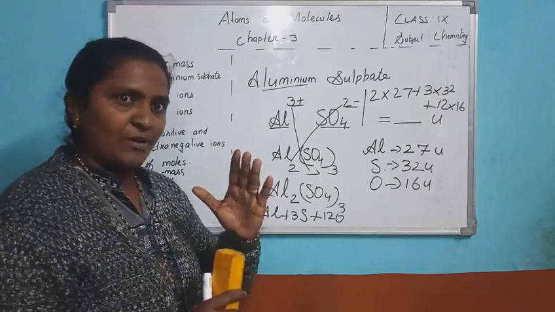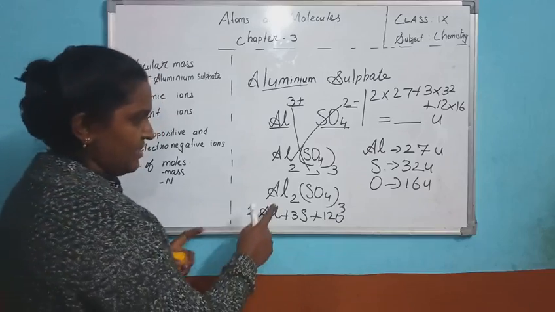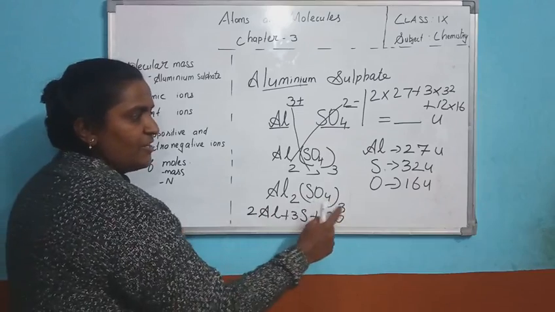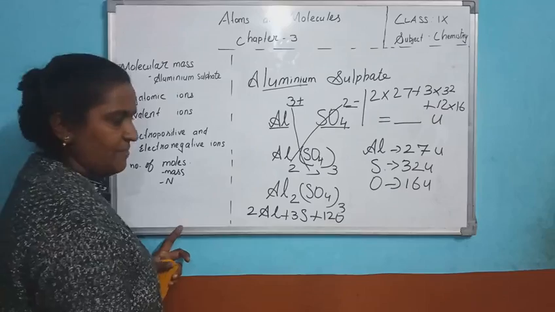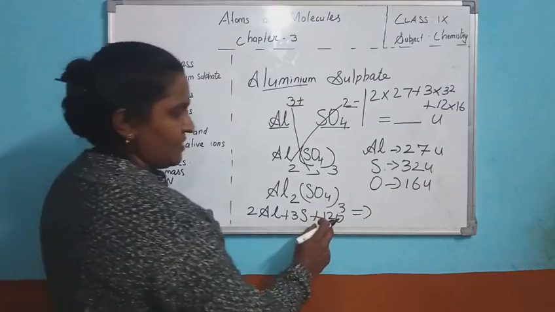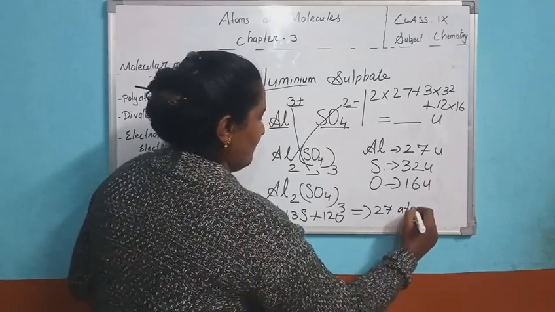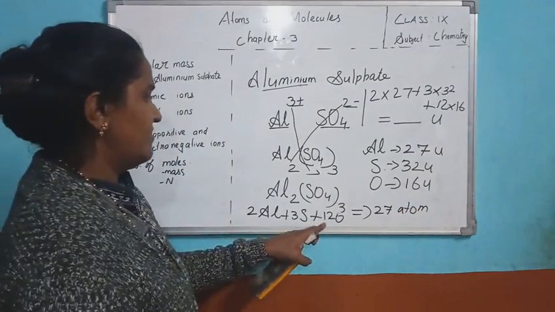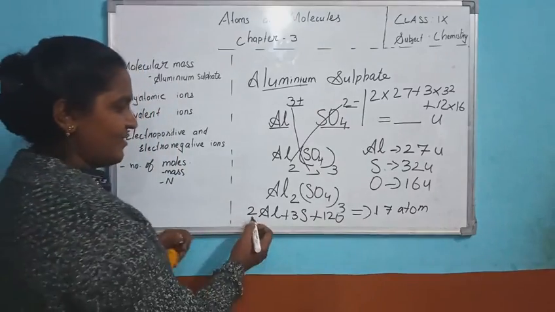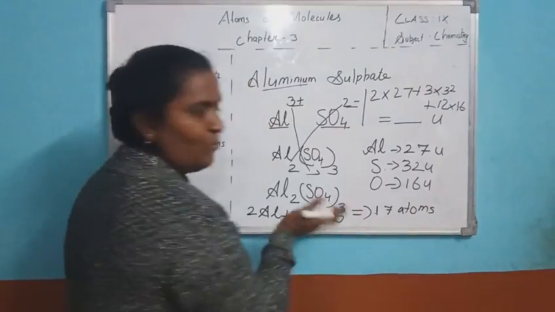And a question can be asked: how many atoms are present in this aluminium sulfate? 2 atoms of aluminium, 3 atoms of sulfur, and 12 atoms of oxygen. Finally, overall how many atoms? 2 plus 3 is 5, 5 plus 12 is 17 atoms. 17 atoms are present in this molecule.